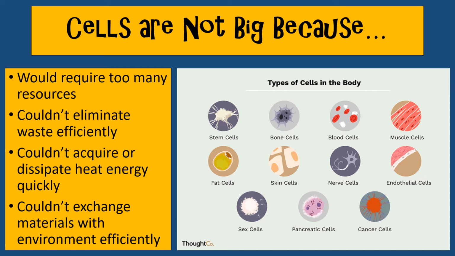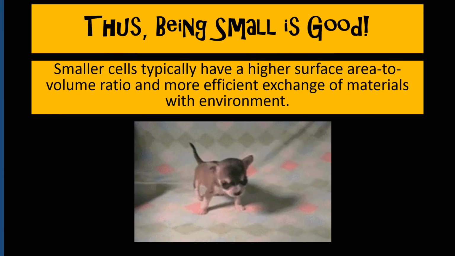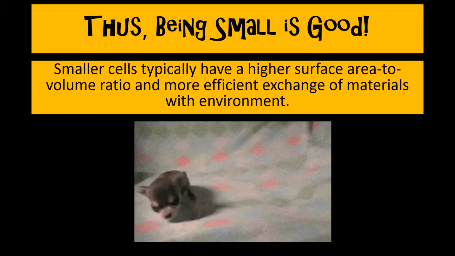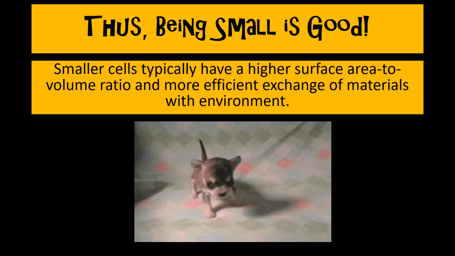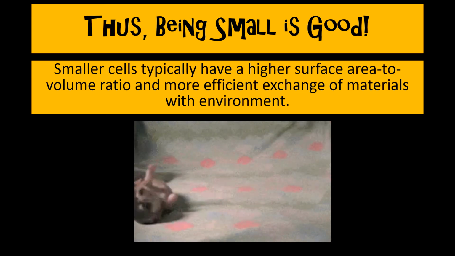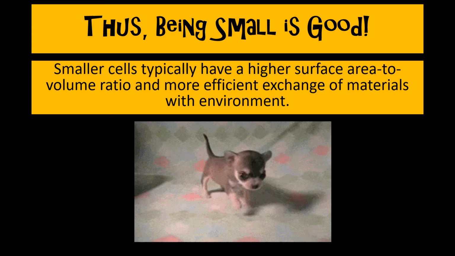And lastly, if you're too big, you can't exchange materials with your environment efficiently. If you needed to take in glucose and you had a large volume, it wouldn't be very easy to get those materials into the cell. So something that cells have done, and this is an evolutionary advantage, is they are small, and they're small for a reason.